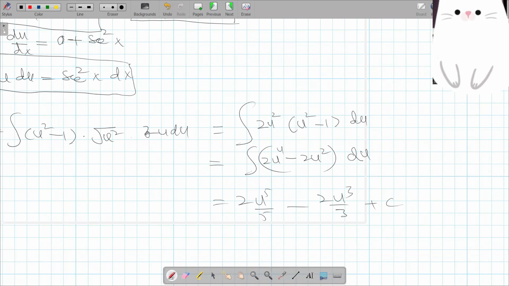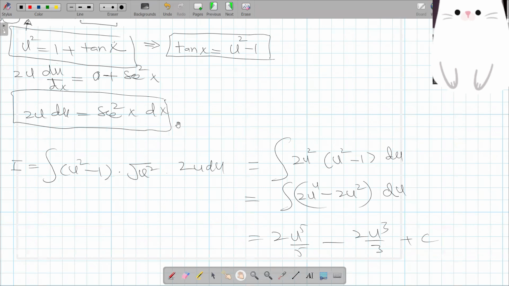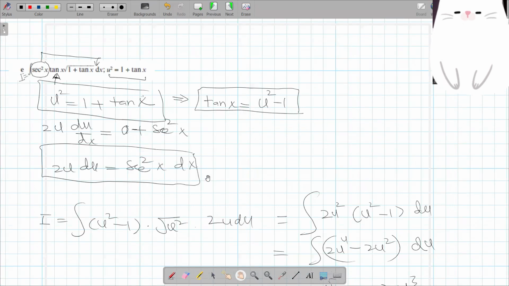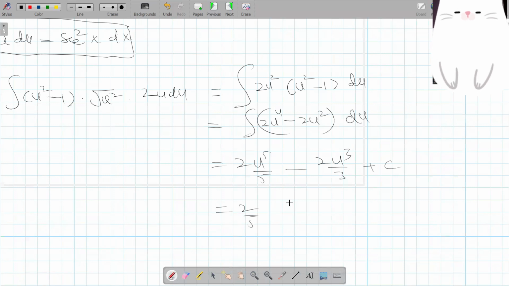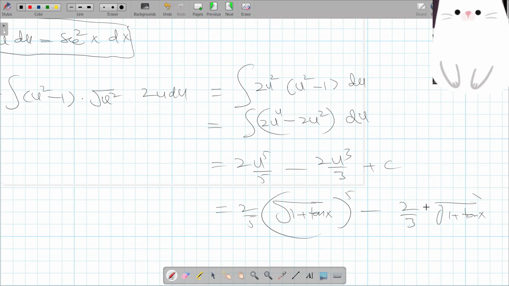Now you just need to make the back substitution. u is equal to the square root of 1 plus 10x. So we get the square root of 1 plus 10x raised to power 5 over 5, minus 2 over 3 times the square root of 1 plus 10x raised to power 3. That's it.